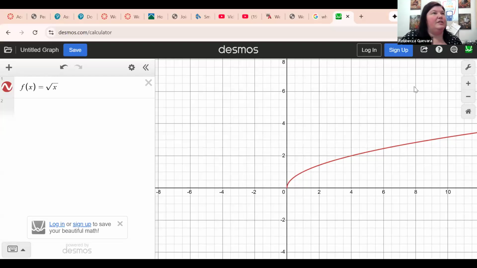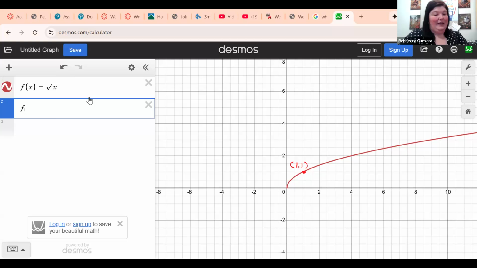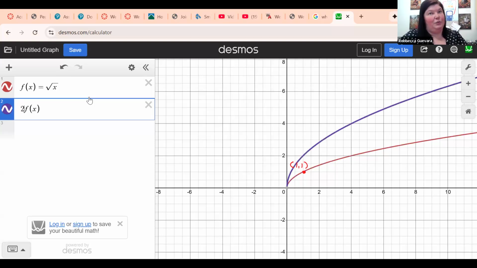We're going to use f(x) equal to the square root of x. And we have a point here at (1, 1) again, because the square root of 1 is going to be 1. So here, if I just on the outside multiply everything by 2, what we see is this graph has gotten taller.